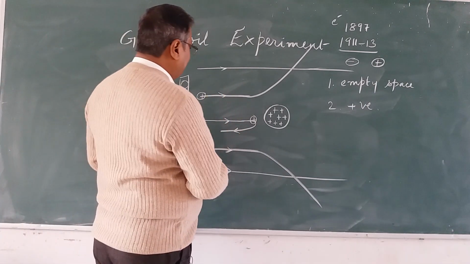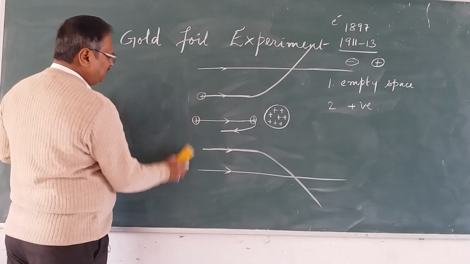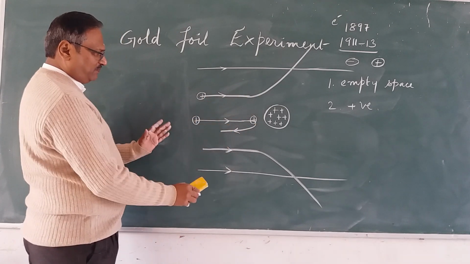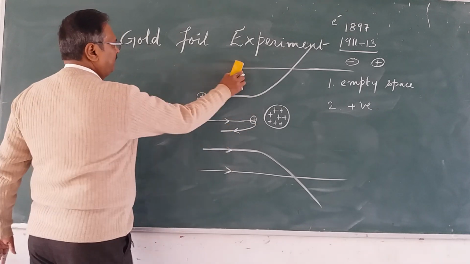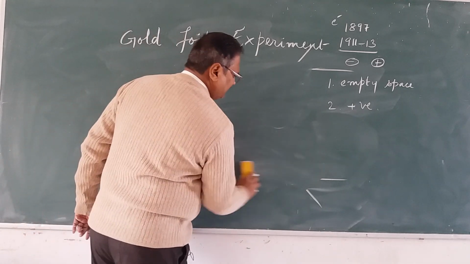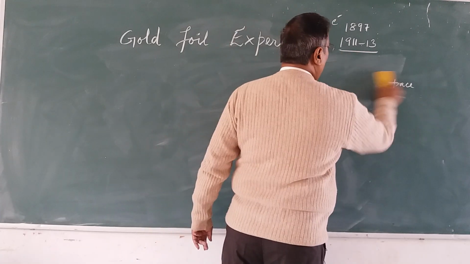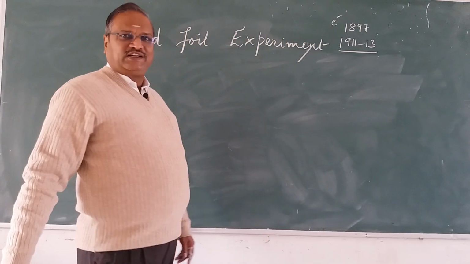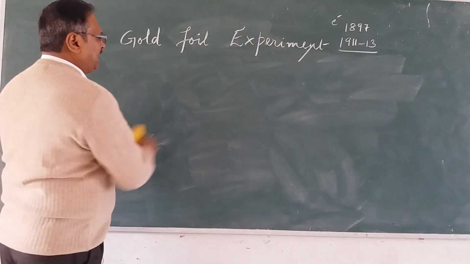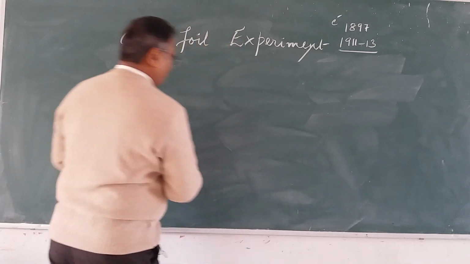So what we understand here is that we bombard with alpha particles, there is a gold foil, and this is the observation being made. In this model, where are the electrons then? Electrons are now moved outside the nucleus.